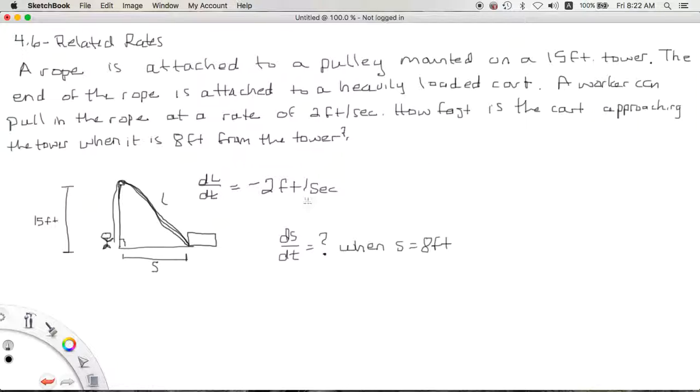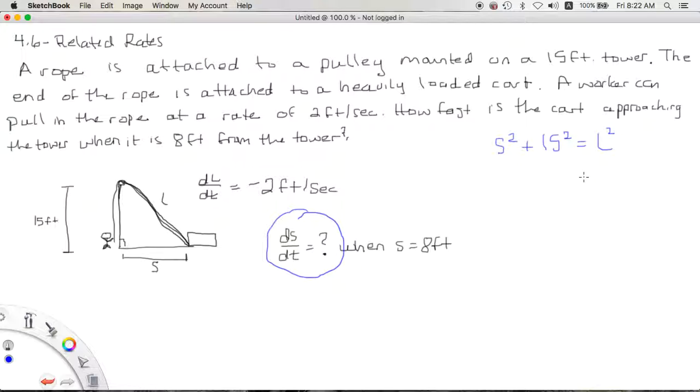So we've got S squared plus 15 squared equals L squared. Pythagorean theorem. Now, we're looking at rates with respect to time, and we want to solve for ds/dt. This is what we're looking for. So how do we find that?